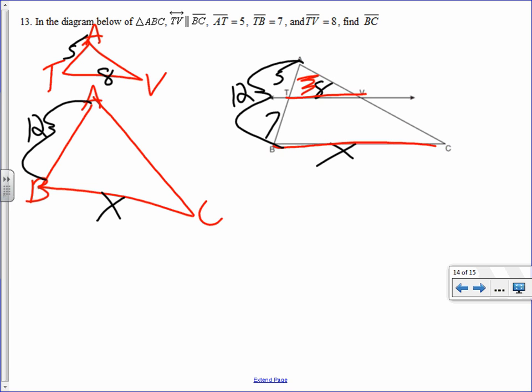If you don't want to separate your triangles, it's very likely you're not going to come up with that 12. I can't make you do it, but if you want to get the question correct, do it. Once you get to this point, we should know to create your proportion, put the corresponding pieces on top of each other. 5 goes over 12. 8 goes over X.